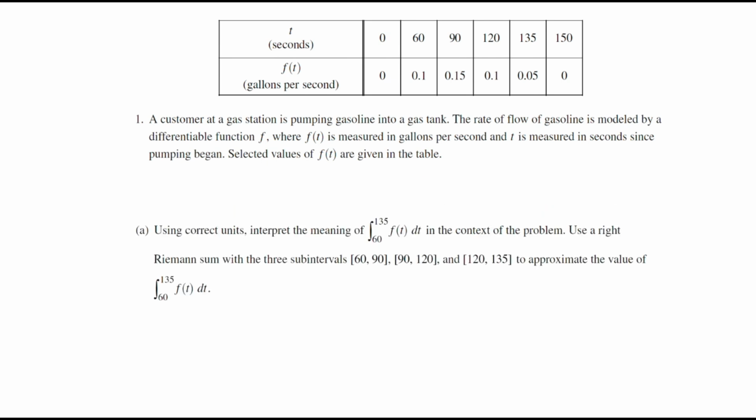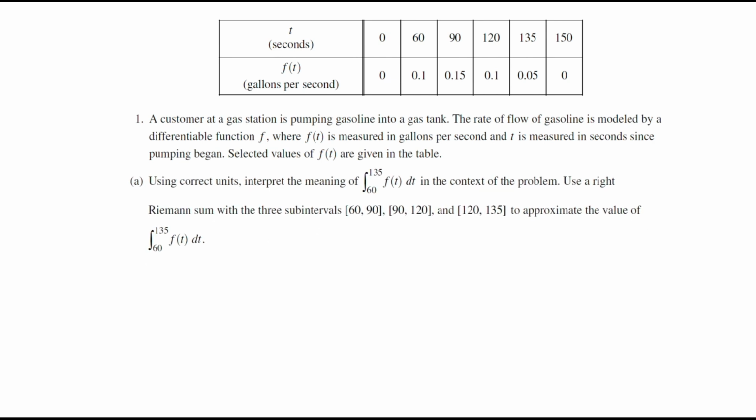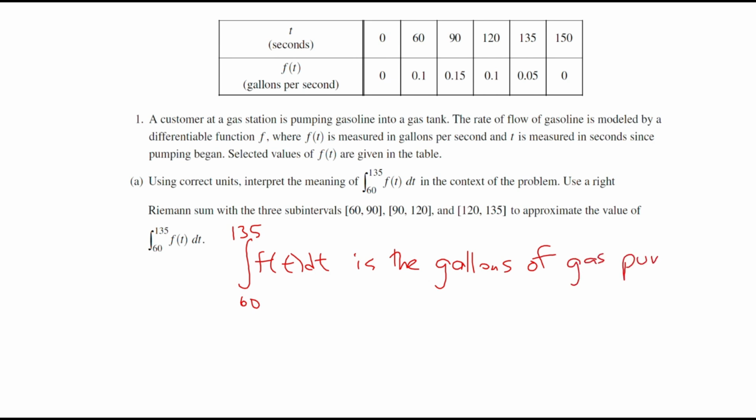So the integral from 60 to 135 of f of t dt, right? When we integrate a rate, we get an amount, right? So this integral is the gallons of gas pumped into the tank.